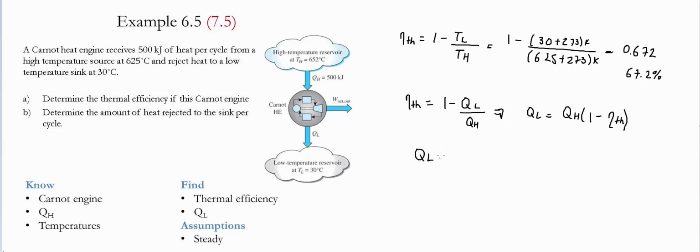So the value of QL is simply going to be QH, which is 500 kilojoules, times 1 minus 0.672, and then we find that the value of QL is equal to 164 kilojoules.